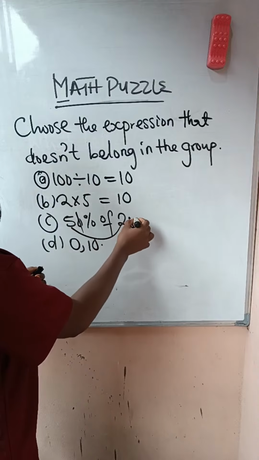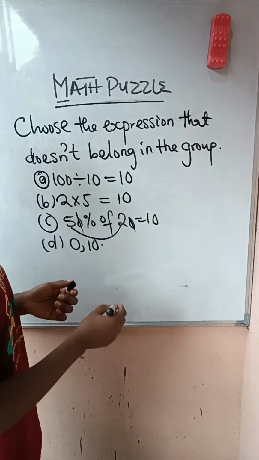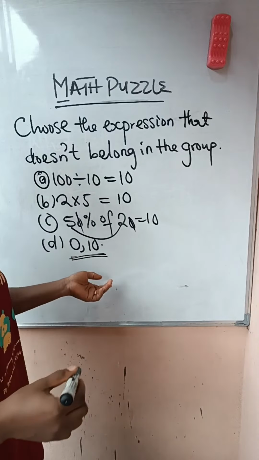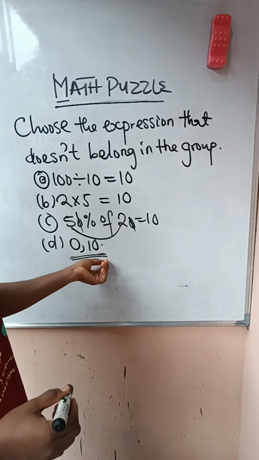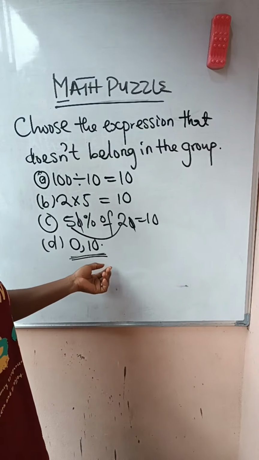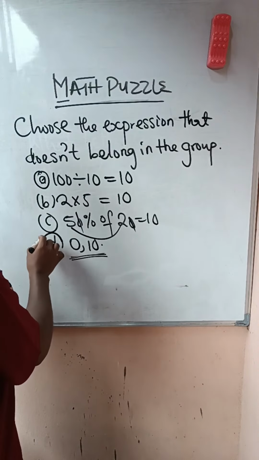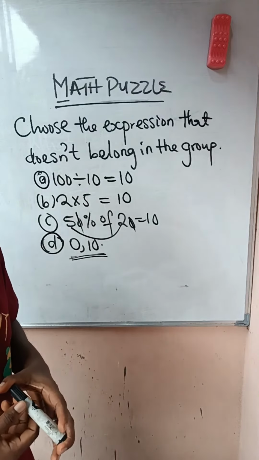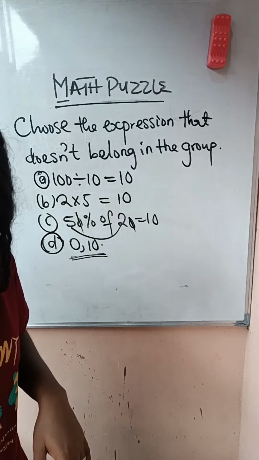Multiply this and this. So this will still definitely give you 10. But this, I don't know what it is. It's talking about coordinates of a point. So it's not actually 10. All right. So the answer is option D. This is the odd one out. It doesn't belong to the group.